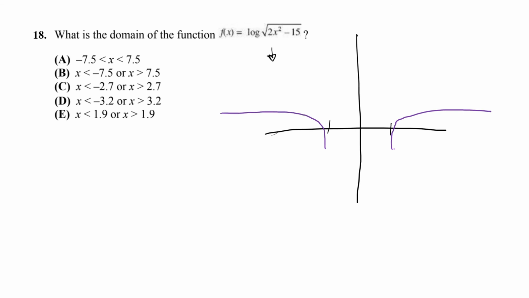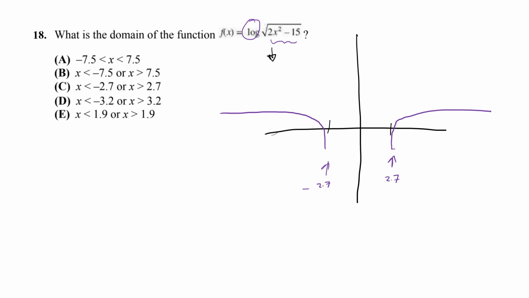It's a really interesting type of graph, and we knew it was going to be interesting because a log function is interesting on its own, and then we have a square root where you can't have a negative inside. So very interesting function. Looking at my screen, I can tell this is at approximately 2.7, and this is at approximately negative 2.7. They're pretty much mirror images of each other.